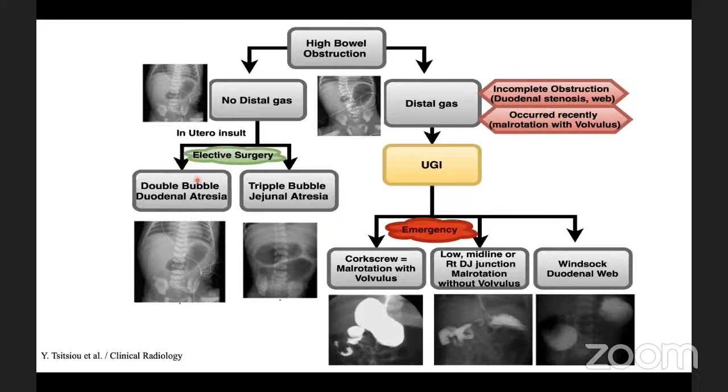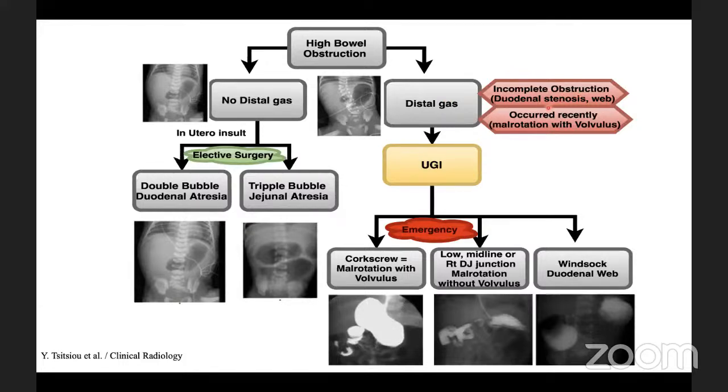If there is a double bubble, there will be a duodenal atresia, and if there is a triple bubble appearance, there might be a jejunal atresia. And this is when there is no distal gas distal to the bubbles. However, if you find gas distal to the bubbles, it means that the insult occurred quite recently or is incomplete.